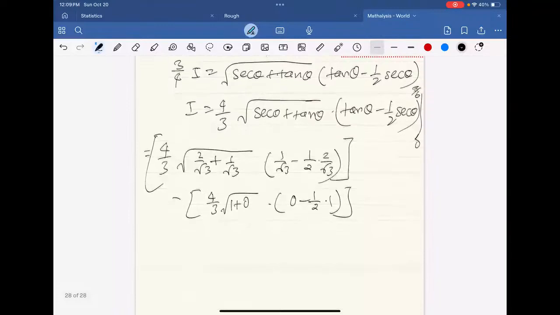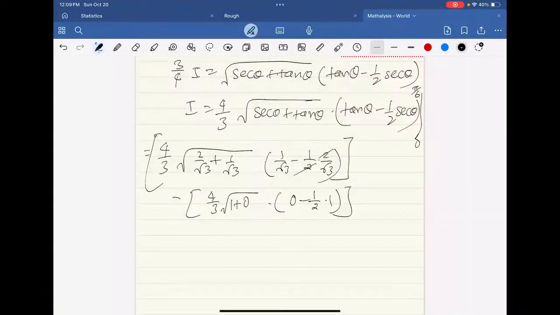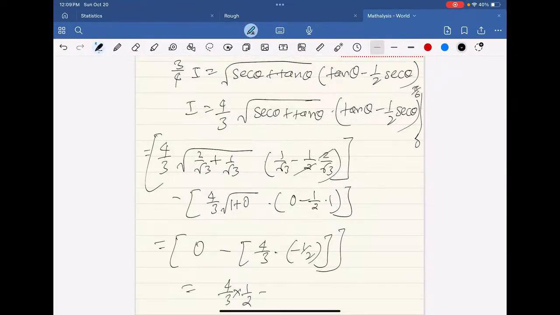But here notice that this 2 cancels out, so 1 by 3 minus 1 by root 3 will just be 0. So 0 minus, this is 4 by 3 times negative half, which is 4 by 3 times positive half, which is 2 by 3, and that's the answer.